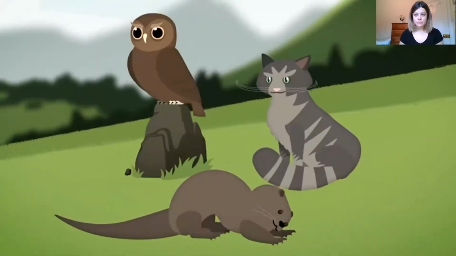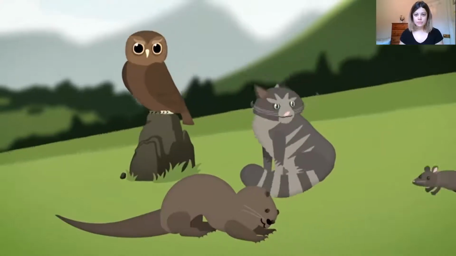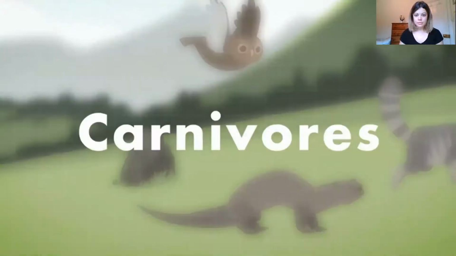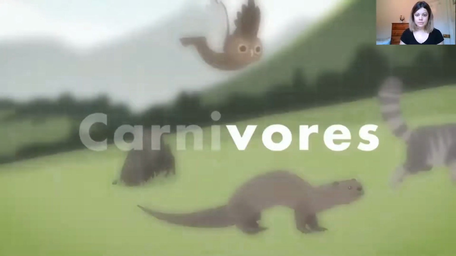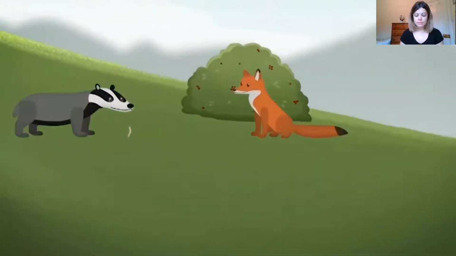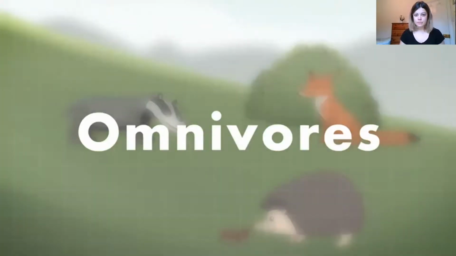Other animals, such as otters, the tawny owl and the Scottish wildcat, only eat meat. These animals are called carnivores. Carnivores. There are some animals that eat both meat and plants. These are called omnivores. Omnivores.